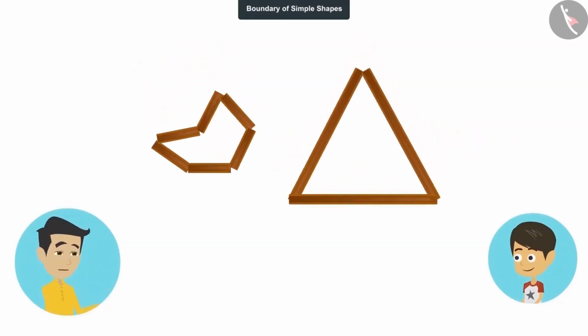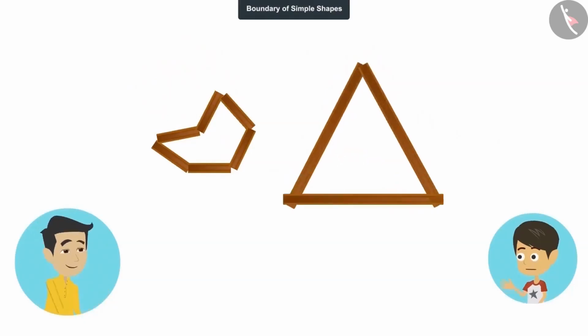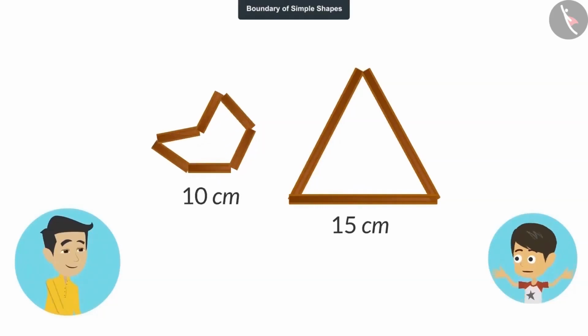Now tell, which of these 2 boundaries is longer? The length of the boundary of this triangle shape is 15 centimeters, which is more than the length of the boundary of the shape with 6 edges. Absolutely right. That means the number of edges of a shape does not affect the length of its boundary.